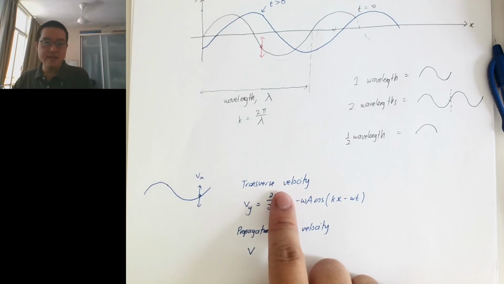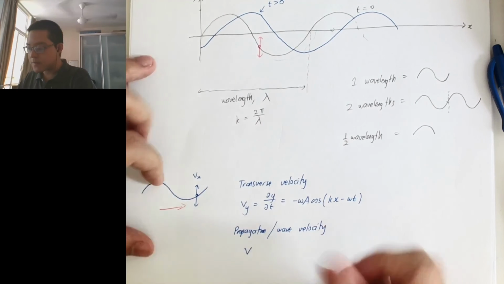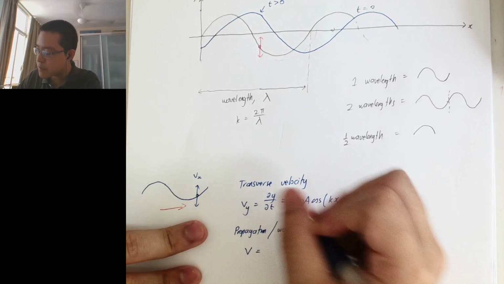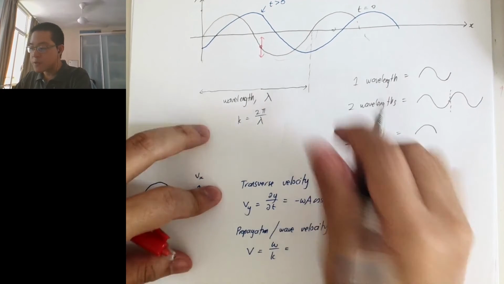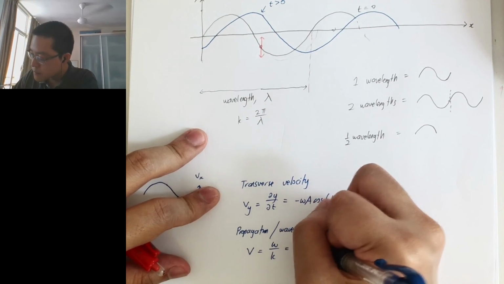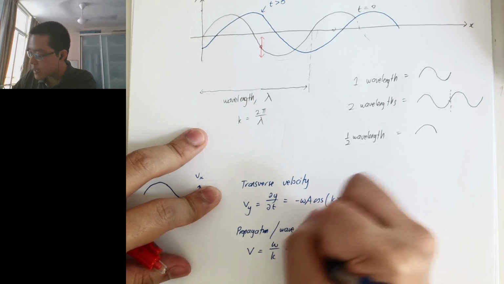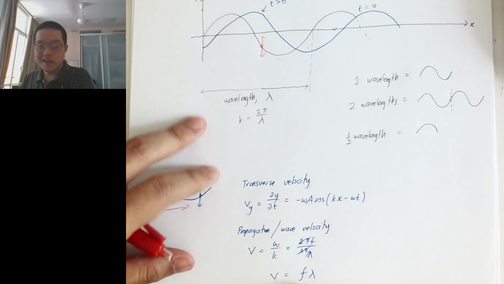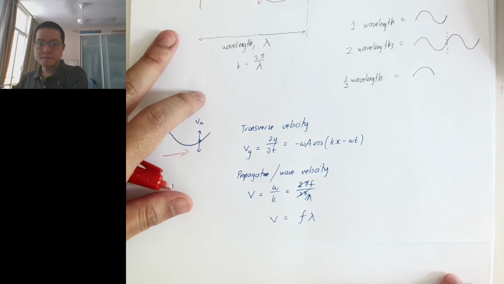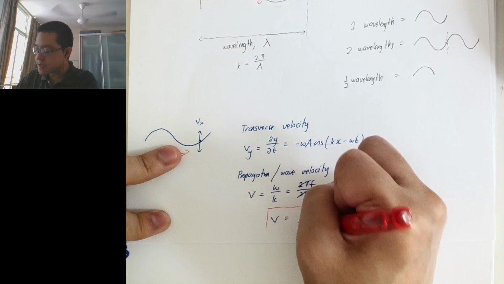The disturbance velocity is going up and down, but the shape of the graph is going to the right, and we have shown just now it is given by omega over k. I have defined omega to be 2 pi f, and k is 2 pi over lambda. I can cancel this, and I conclude that v is equal to f lambda. So this is the speed of the wave: the frequency times the wavelength.